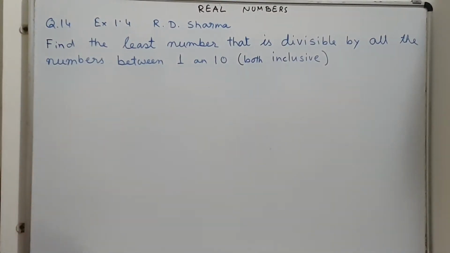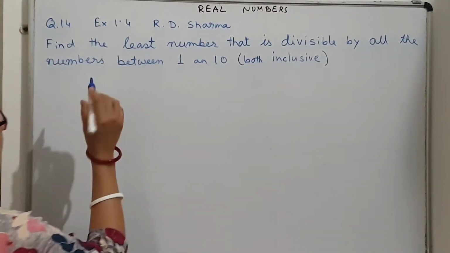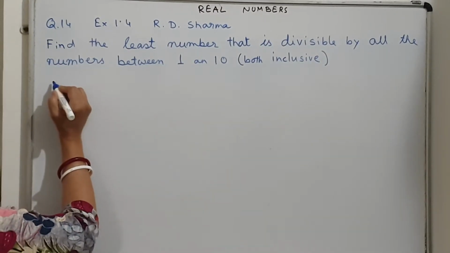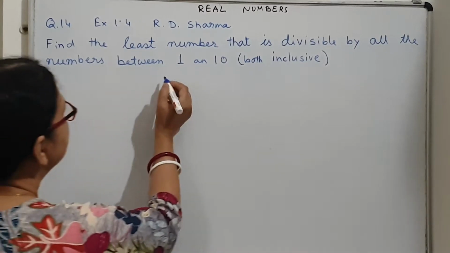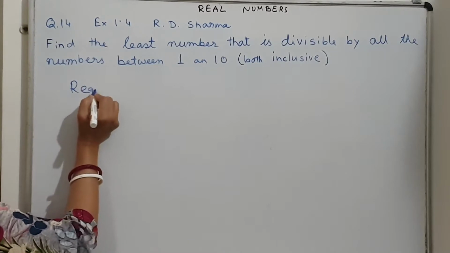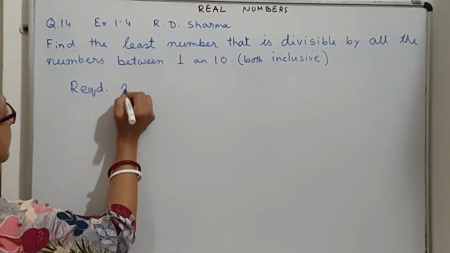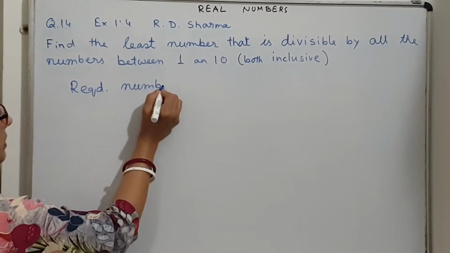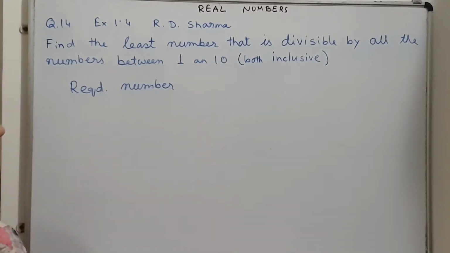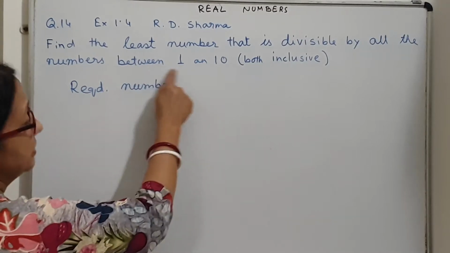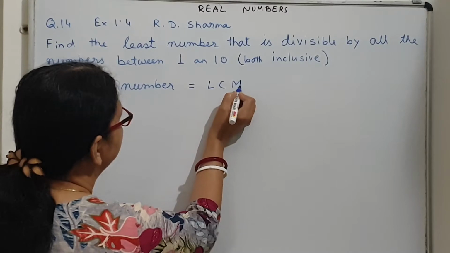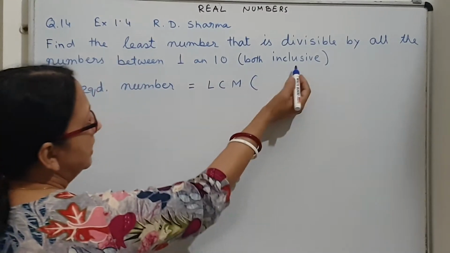That means the least number that you have to find out, the required number, will be the LCM of all the numbers between 1 and 10, inclusive.